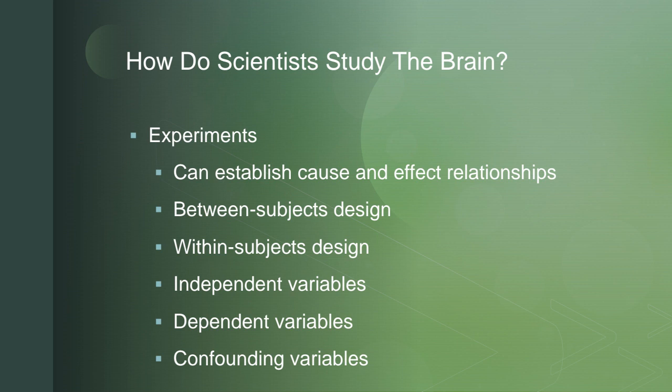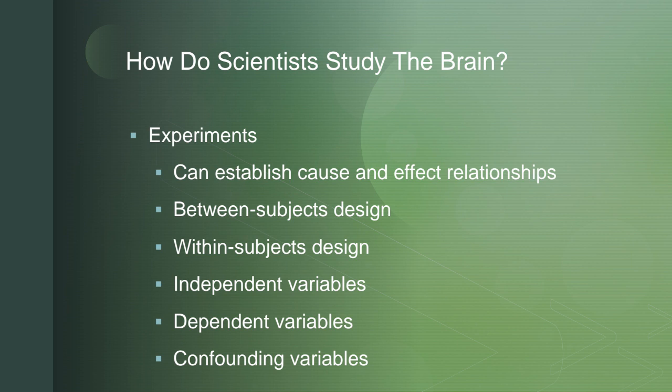So that sounds all well and good, but experiments do have these unfortunate little things called confounding variables. These are unintended differences between conditions or subjects that can influence that dependent variable, that thing you are measuring.